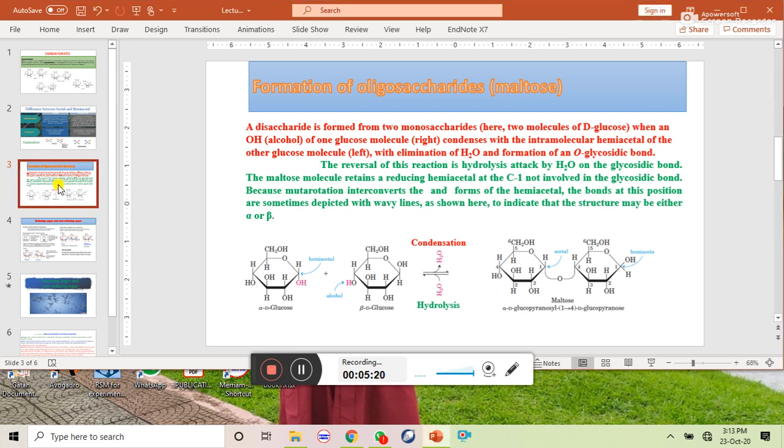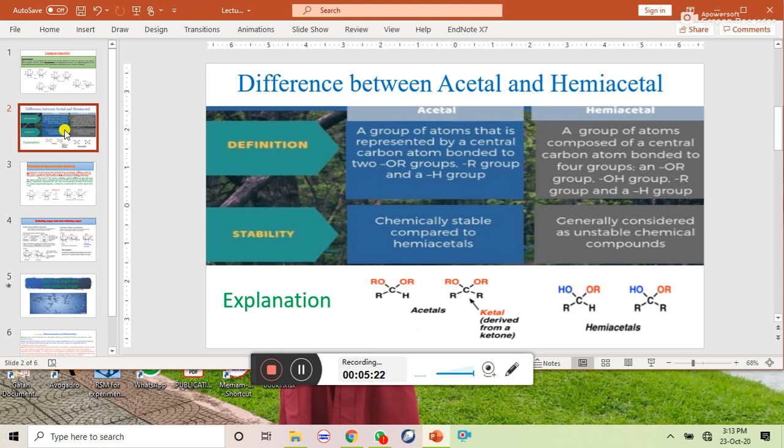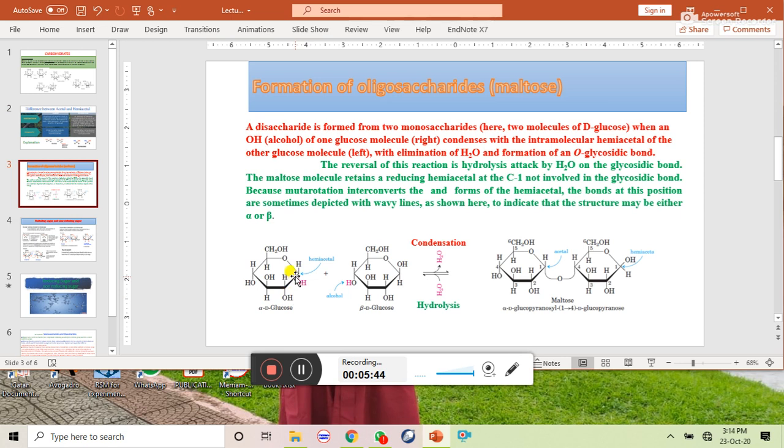Just like in the hemiacetal, the central carbon atom is attached to one OR, one R, OH and H. You can see the same thing here: one OR, one R, H and OH. That's why this one is called hemiacetal.